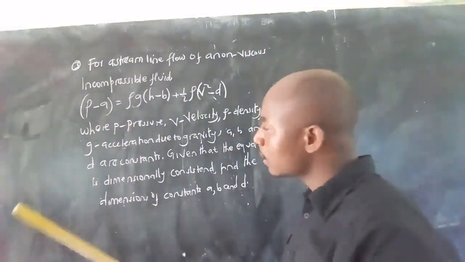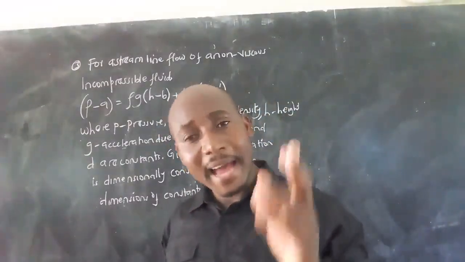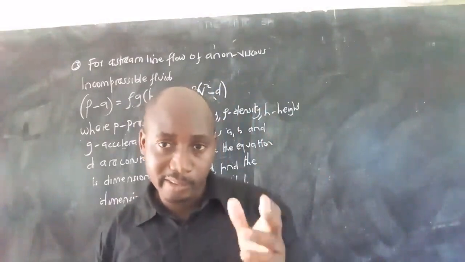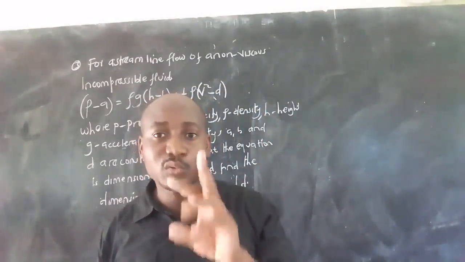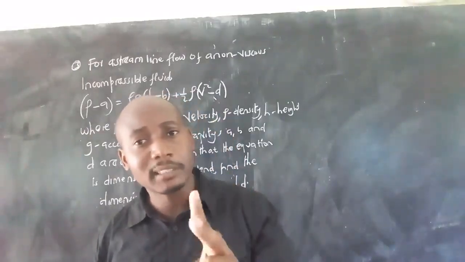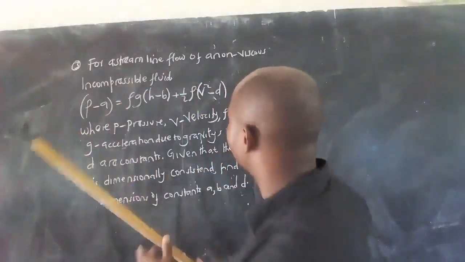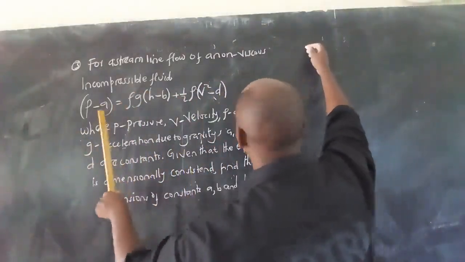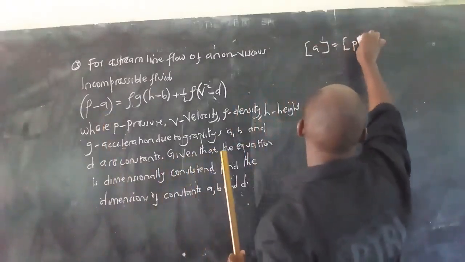So when we are subtracting or adding, we add quantities which have the same units. If I'm adding, those two quantities must have the same units and therefore similar dimensions. Like for example, take the dimensions of A. Dimensions of A will be the same as dimensions of pressure.